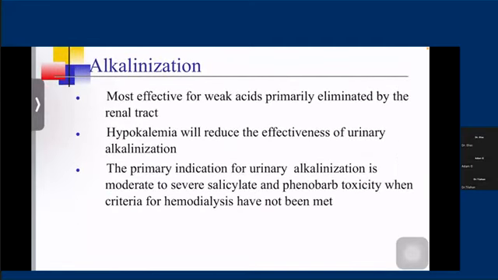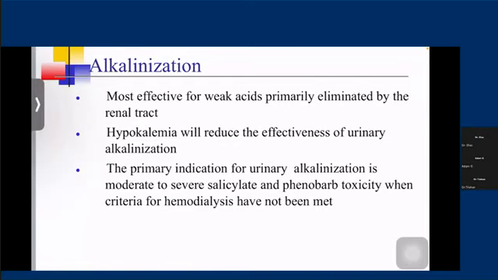First, alkalinization. This is most effective for weak acids primarily eliminated by the renal tract. For a patient who took a weak acid, we can alkalinize, and the alkali ionizes the weak acid and prevents reabsorption from renal tubular cells.